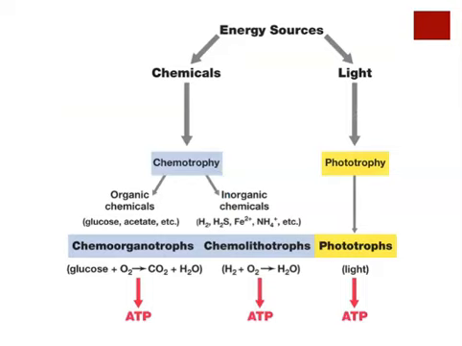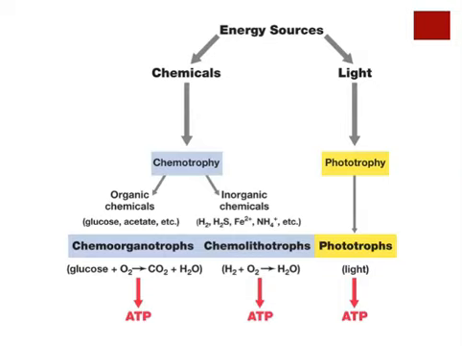On this slide, we're looking at a diagram of how we place microbes into different energy classes. You can see up at the top, the first division involves whether or not the microbe gets energy from chemical sources, from actual molecules, or from the light from the sun.